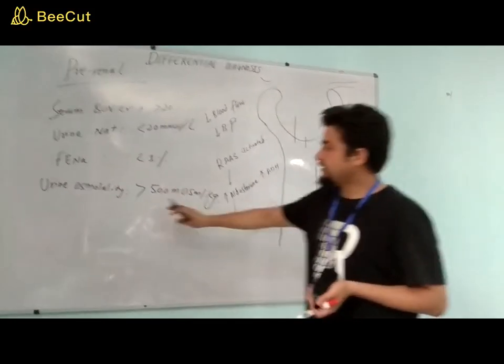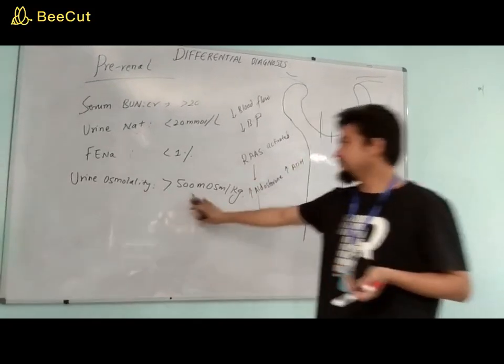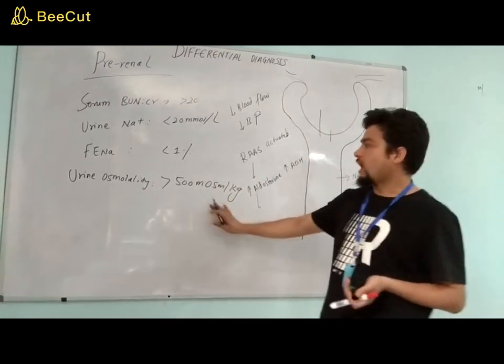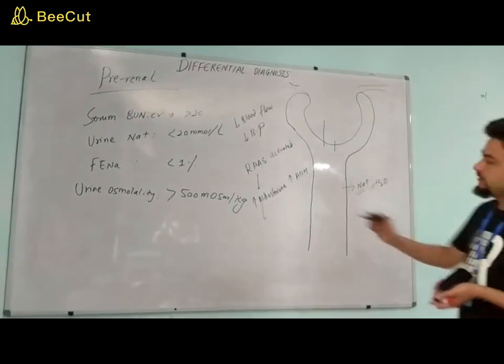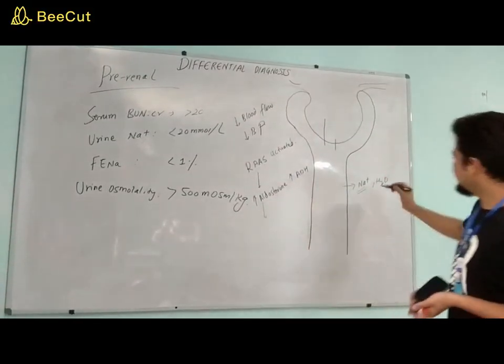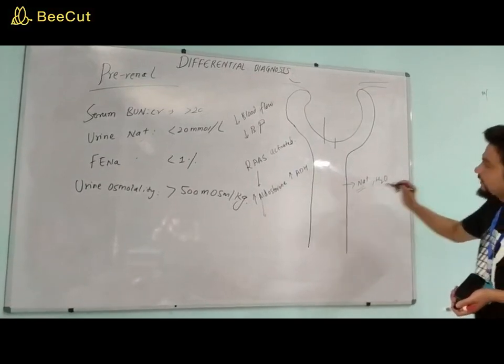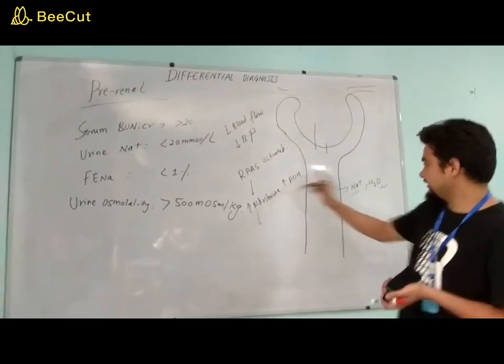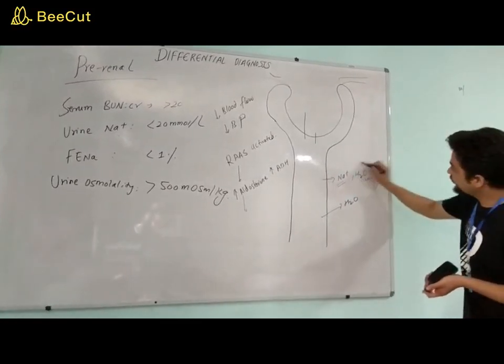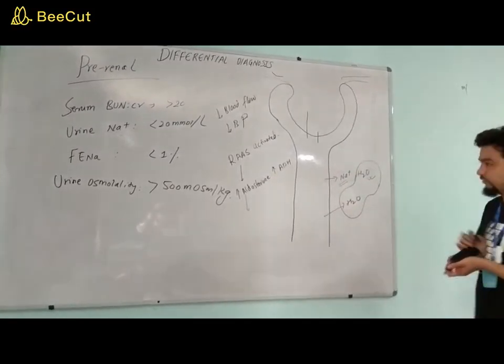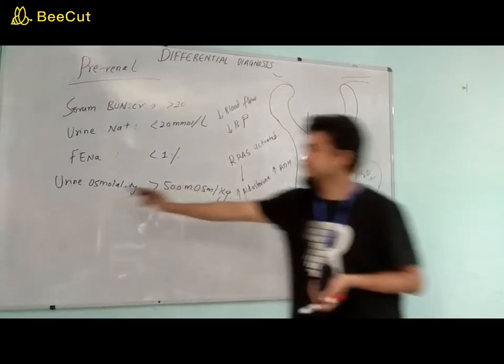Now coming to the final one, urine osmolality greater than 500. That means more. How is urine osmolality greater than 500 in pre-renal disease? As you know, when aldosterone increases, it will reabsorb water and sodium. When ADH increases, it will reabsorb more water. So overall, more water gets reabsorbed in the tubule, which means less water in urine.